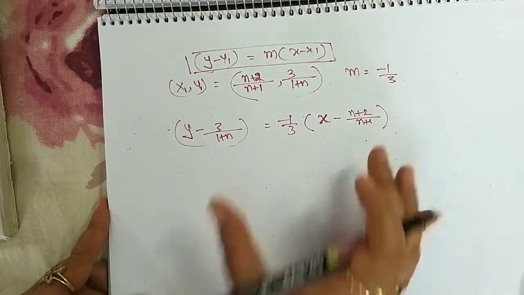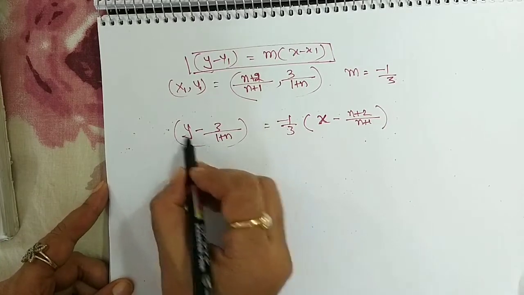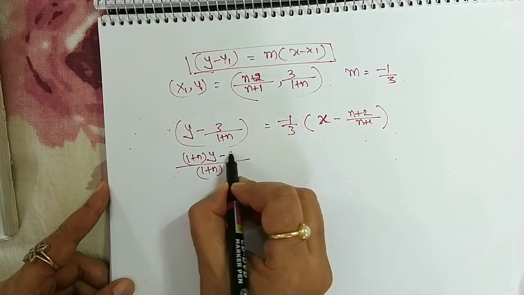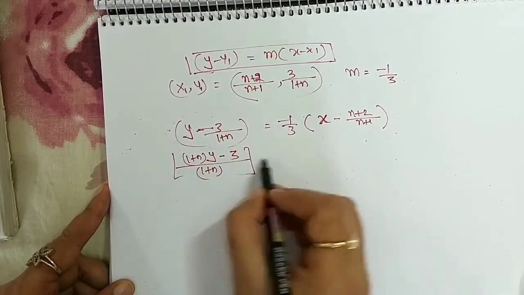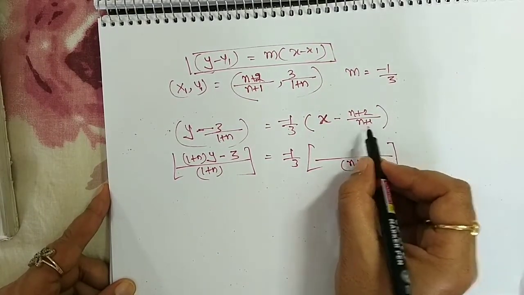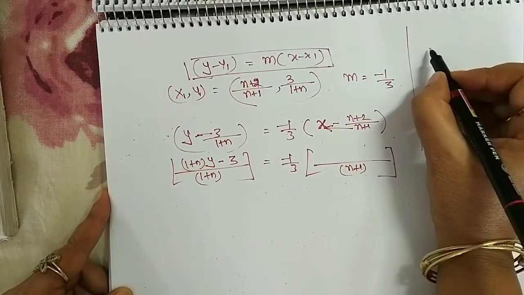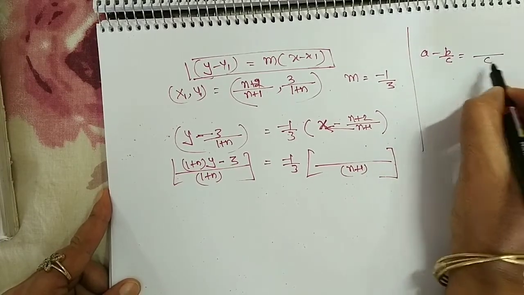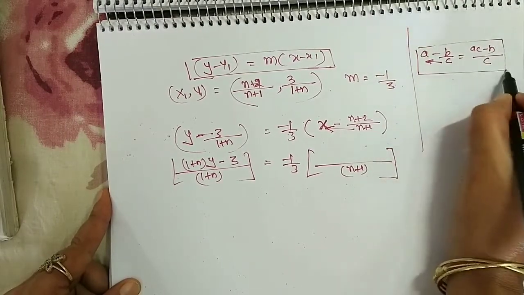If you want, we can simplify it a little bit. So let me take the LCM, 1 plus n. So it will be 1 plus n into y minus 3. See, this is multiplied here and this is copied, is equal to minus 1 by 3. LCM is again n plus 1, we will take. So this into this minus this. Remember, if you have a minus b by c, it always becomes c down, and ac minus b. Remember, we can use it.